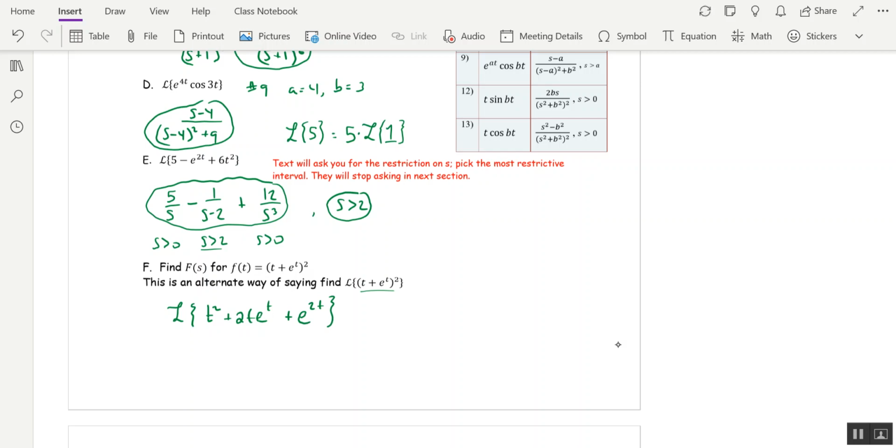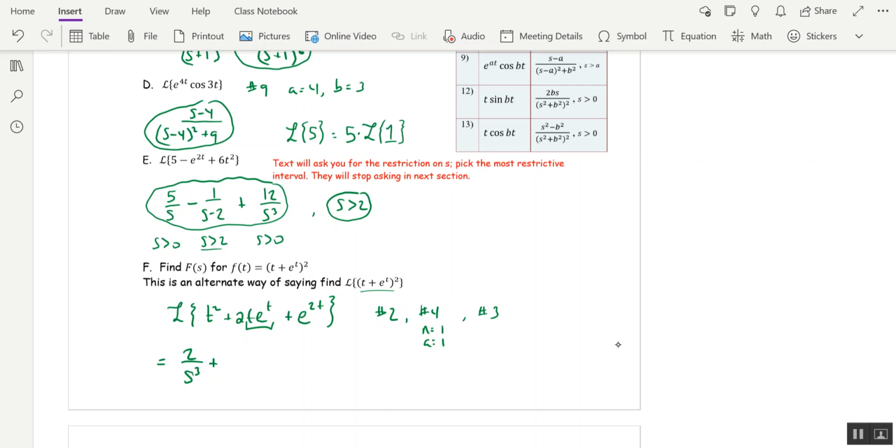Okay, so now I can use formula 2, formula 4 for the next piece with n equal 1 and a equal 1, and then the last piece is formula 3. All right, so L of t squared is 2 over s cubed. And now I want L of t e to the t, and I'm going to multiply my answer by 2.